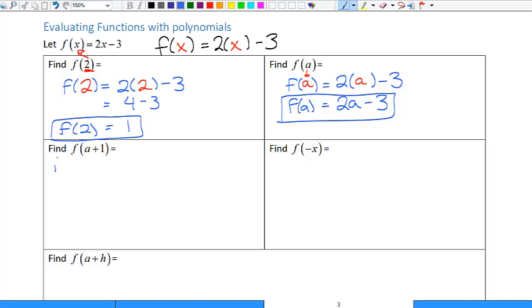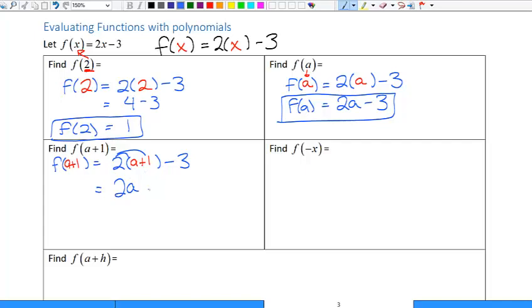All right, let's do this again. F of x is equal to 2 times x minus 3. I wrote out my function f, but instead of x's, I'm going to come back in and replace those x's with a plus 1. Okay, once I have that written out, then I have to distribute and combine like terms, which is why we practiced distributing and combining like terms in the previous pages.